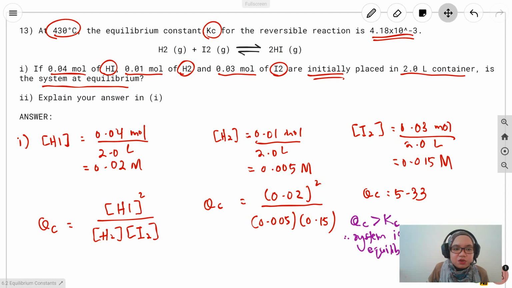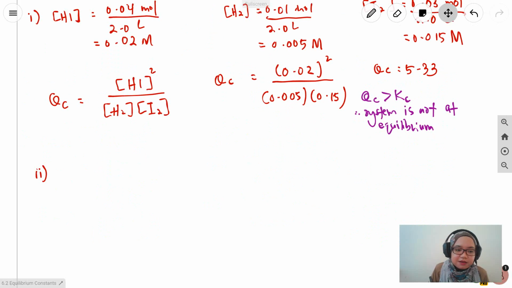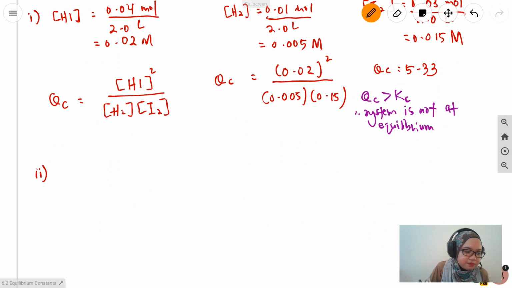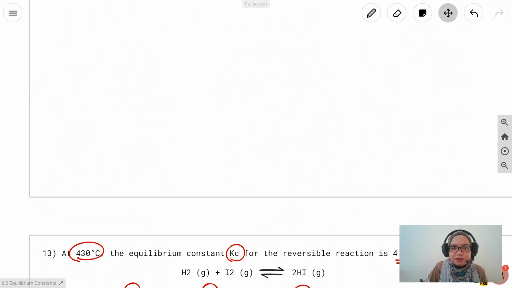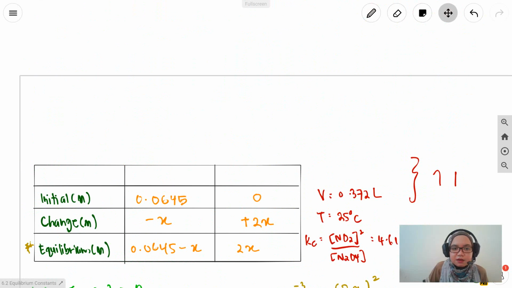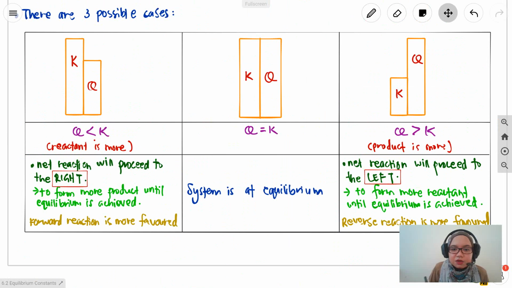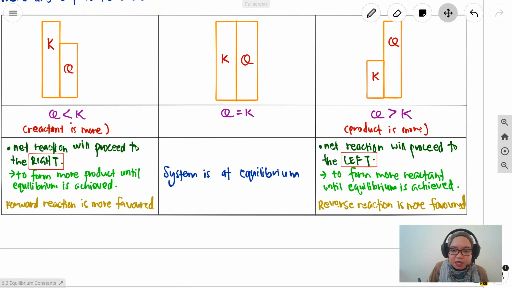So, question number 2 asks you to explain your answer in 1. So, what happens when Qc is larger than Kc? When Qc is larger than Kc, as in our explanation in the table earlier, Qc is larger than Kc, right? So Qc is larger than Kc, so the net reaction will proceed to the left to form more reactant to achieve equilibrium.